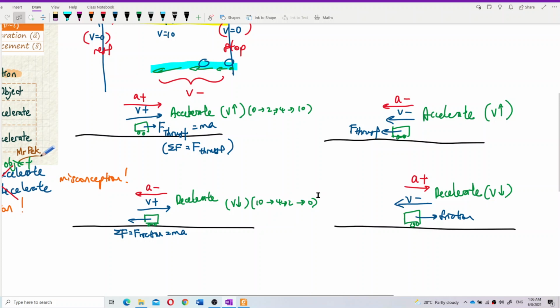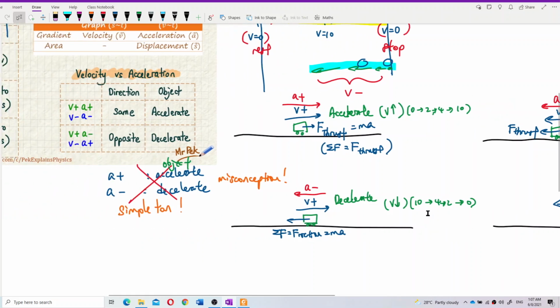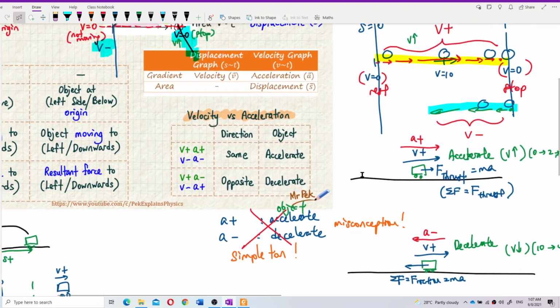But if the velocity and acceleration are one positive, one negative, V positive, A negative, or V negative, A positive, when they are in opposite directions, one positive and one negative, the object decelerates. So I can make a conclusion from here.